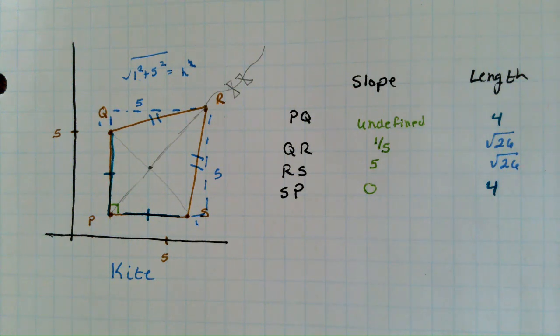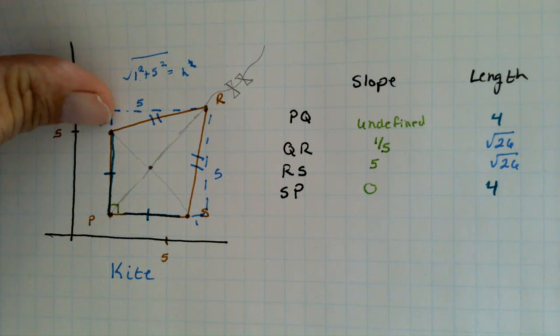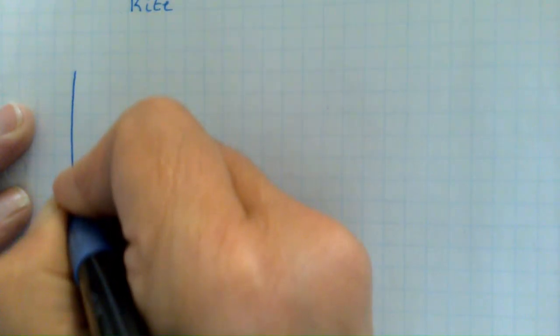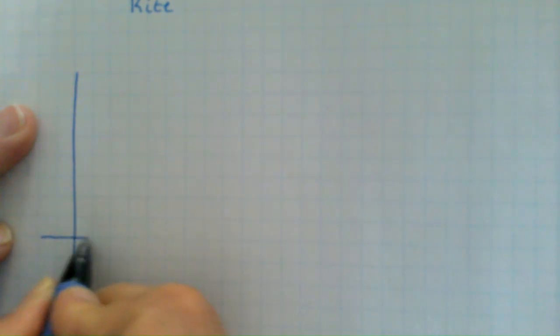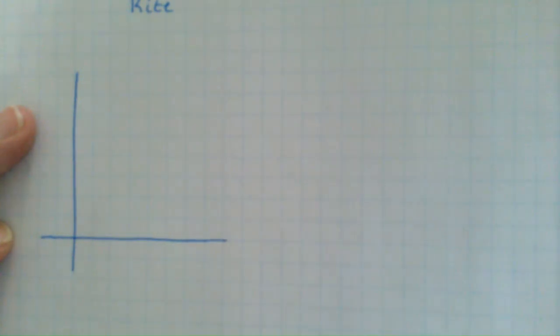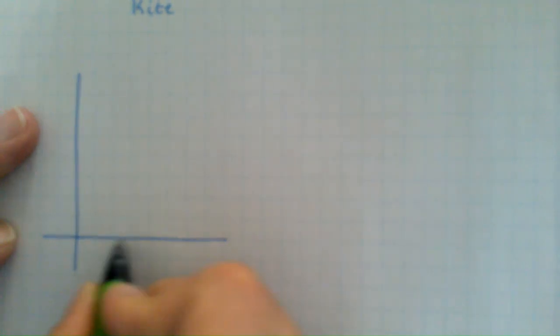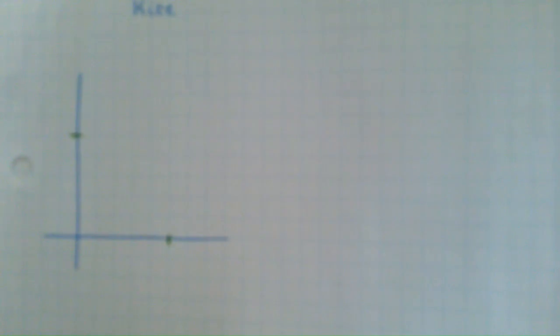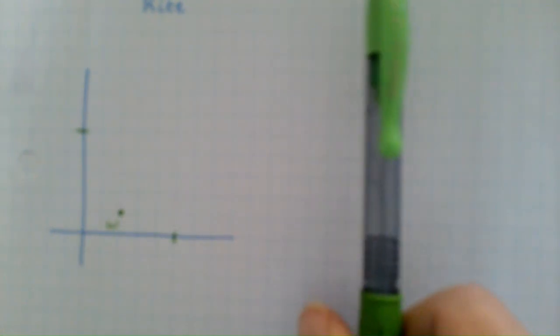All right, let's try one more. Let's see what we get. One, 2, 3, 4, 5. 1, 2, 3, 4, 5. All right, W is going to be at 2, 2.